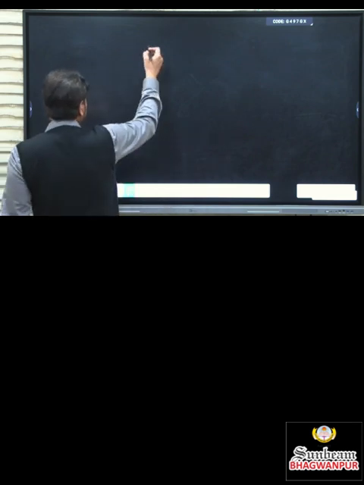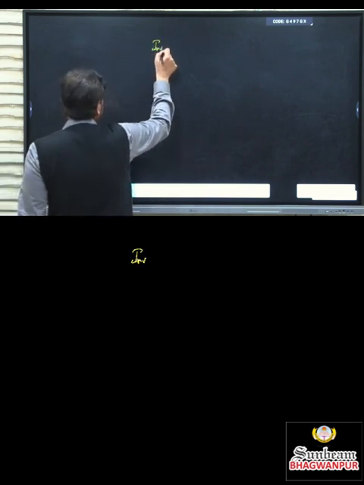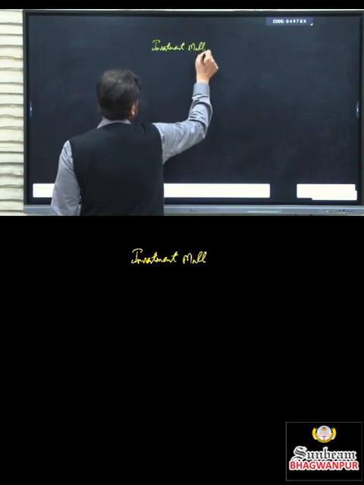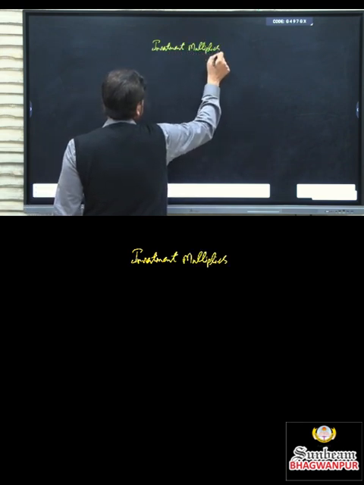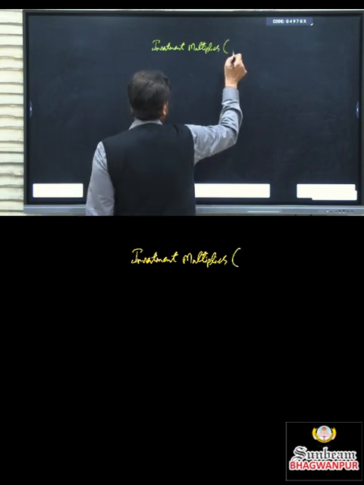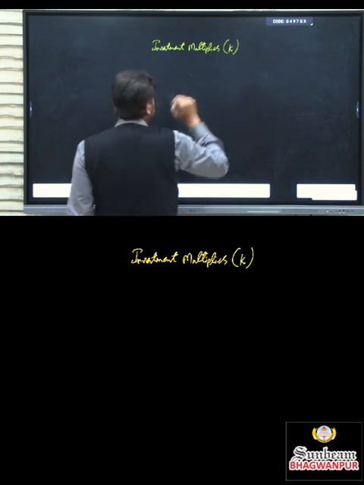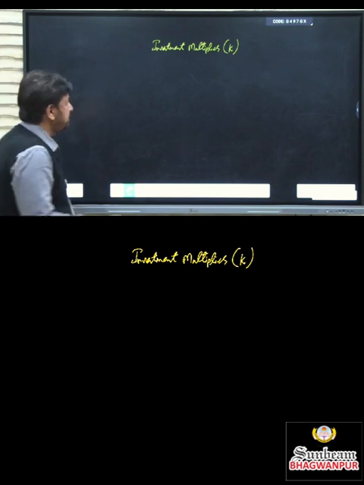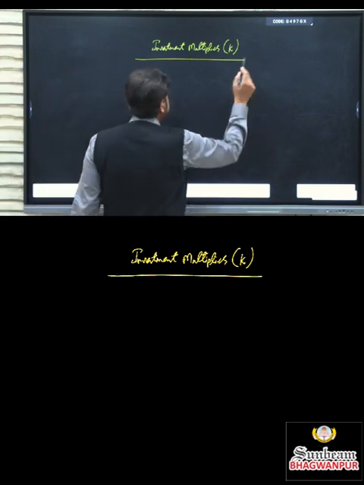The next very important concept is the concept of investment multiplier, denoted using the symbol K. Now what is investment multiplier?